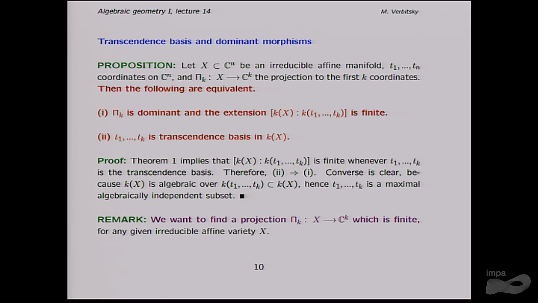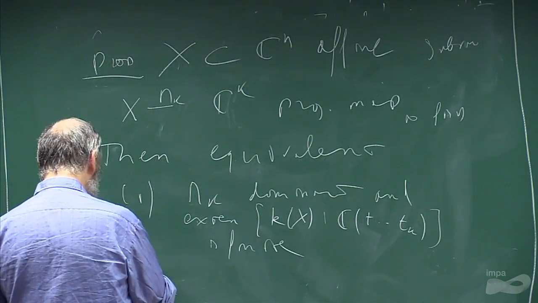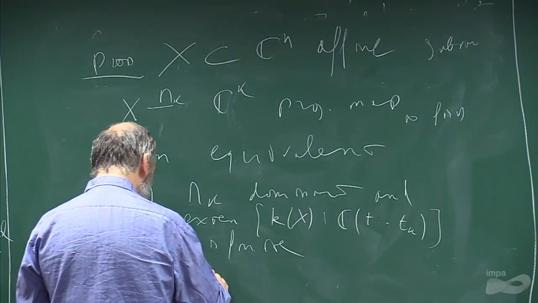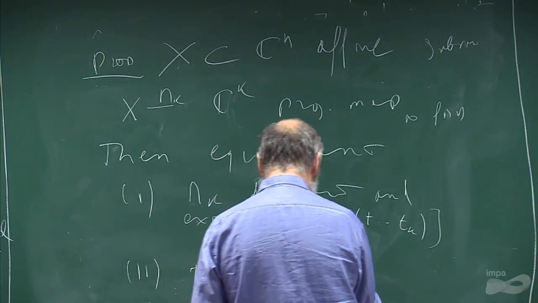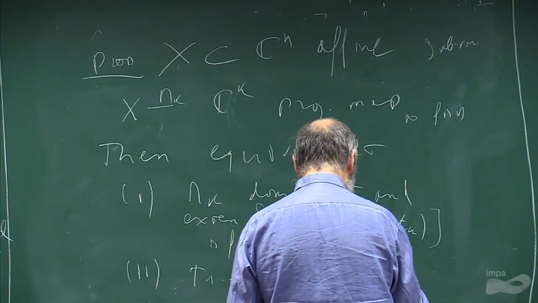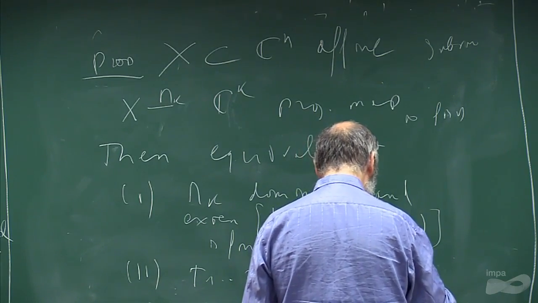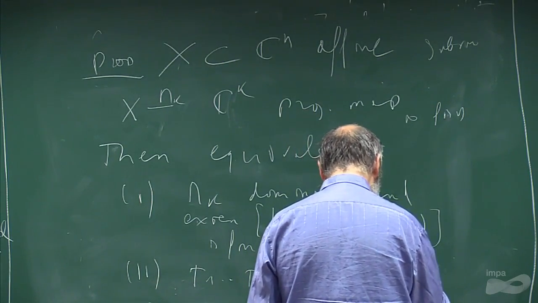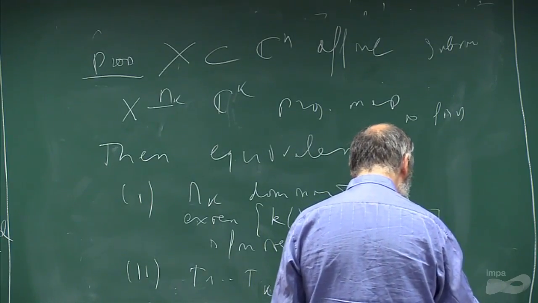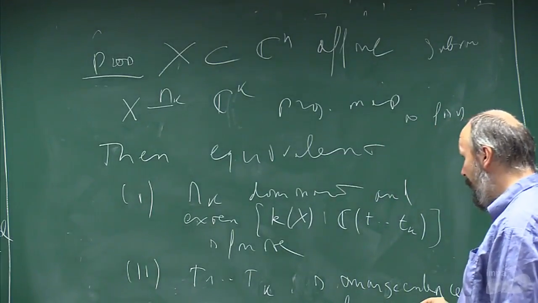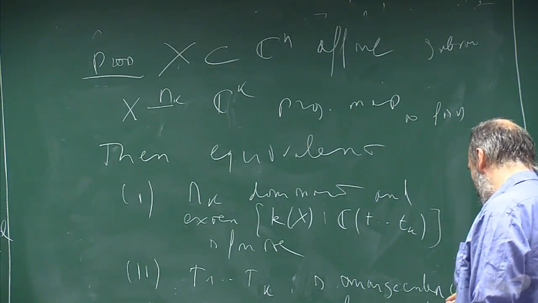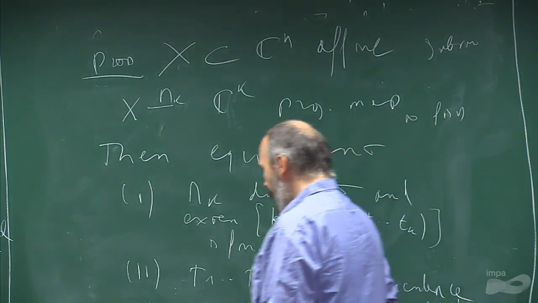A priori, this is not even an embedding, but it is dominant, so then it makes sense. And the second is that T1, ..., Tk is a transcendence basis in K of X.